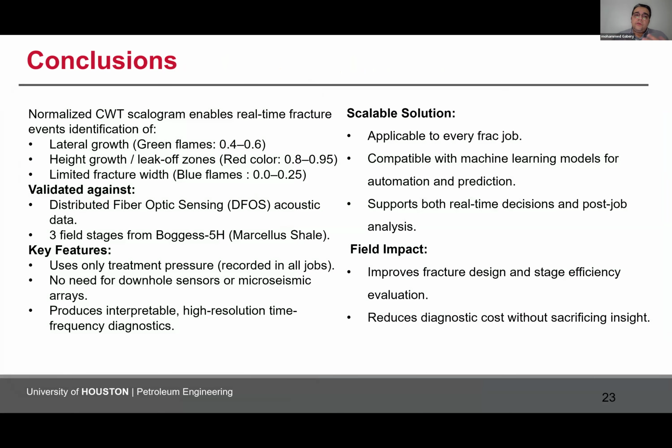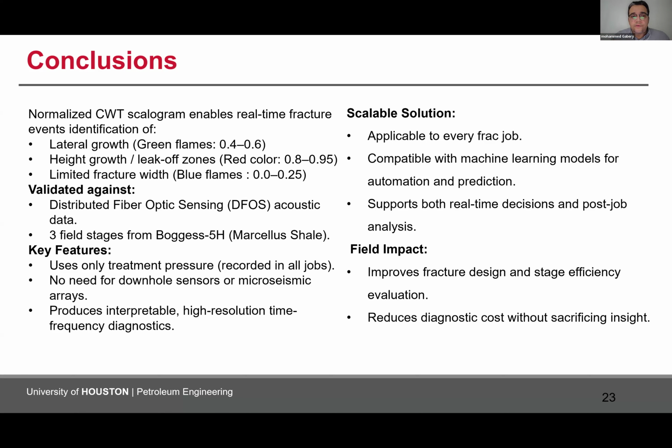So our technology uses the treating pressure to introduce the normalized CWT scalogram. We can detect the fracture events in real time by detecting lateral fracture growth when there is an increase in the green flames, for values of normalized CWT scalogram energies between 0.4 and 0.6.